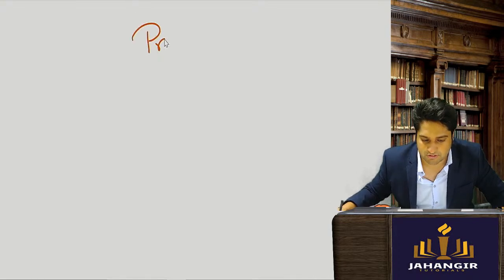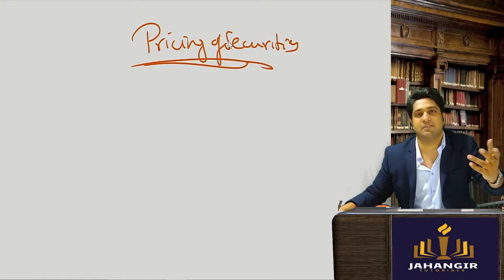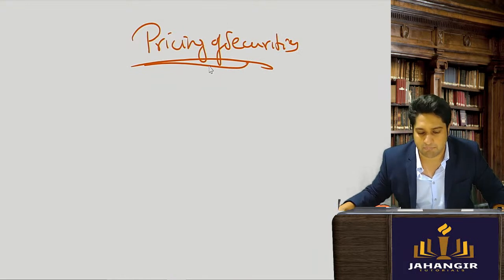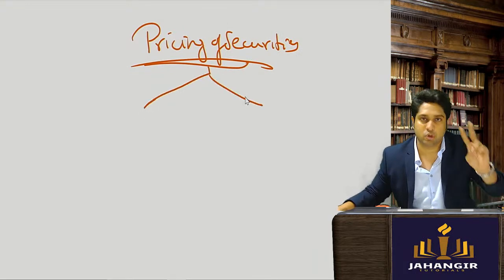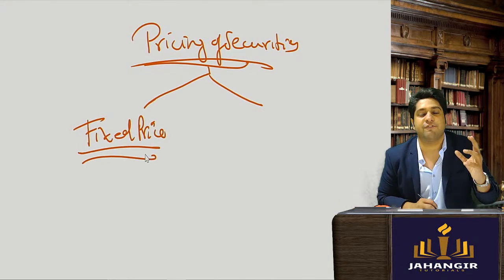Nowadays, red herring prospectus is issued only by companies, so as a company secretary, it's very important for you to know it. Whenever it comes to pricing of securities, what price should I keep for my securities? There are two methods. One is the fixed price method. What do you mean by a fixed price method?